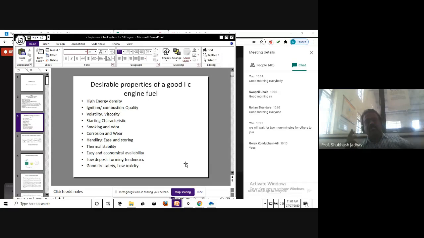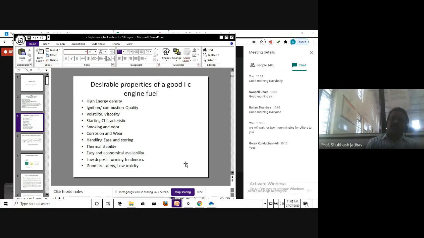So like this, when some oils are being burned, they are unable to convert all the constituents of the oil into energy or gaseous products, and along with the gaseous products they also produce some solid or liquid constituents which are getting deposited. Okay, and these are called deposits.